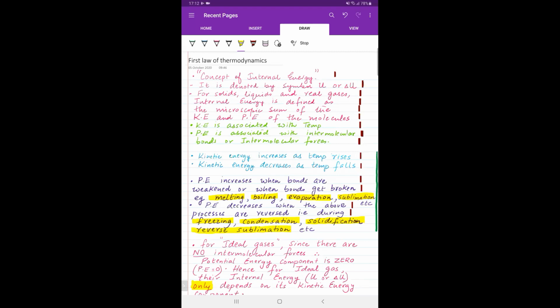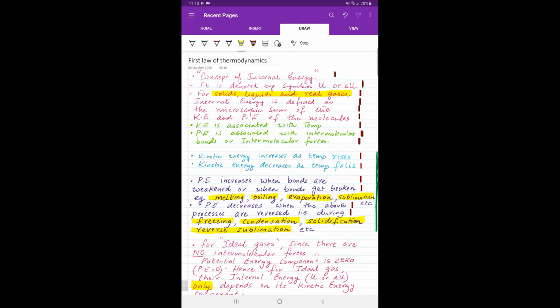So, for solids, let me just give a quick recap up till this point. For solids, for liquids, and for real gases, we define internal energy as the microscopic sum of the kinetic energy component and the potential energy component of the molecules. ठीक है, पहली चीज तो ये हो गई. Secondly, kinetic energy component depends on the temperature.